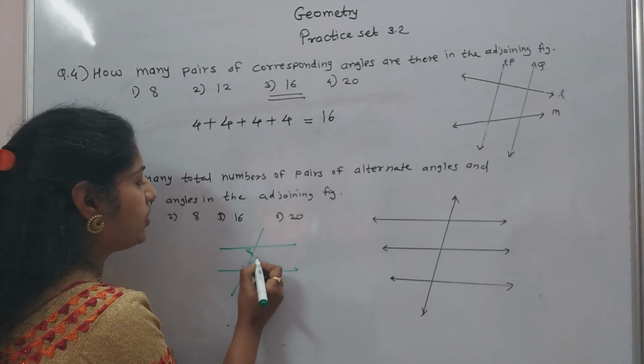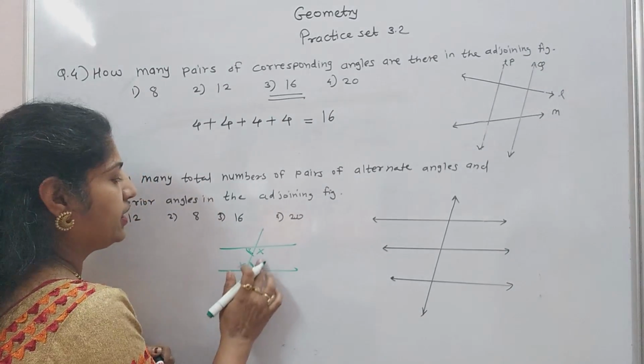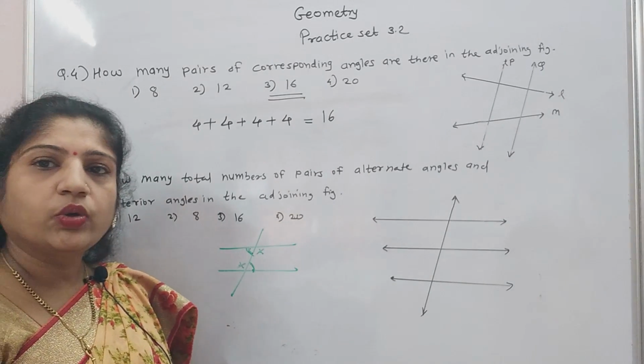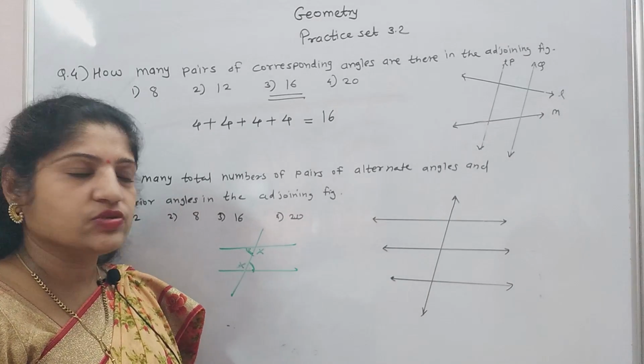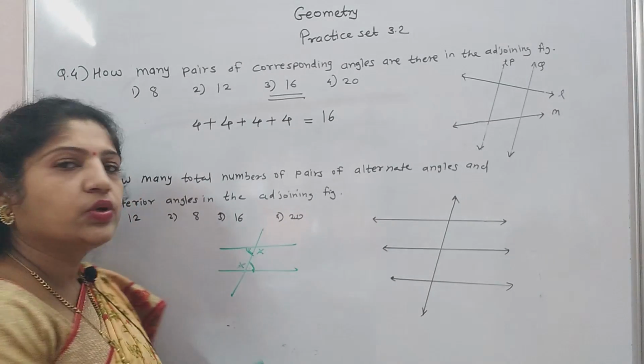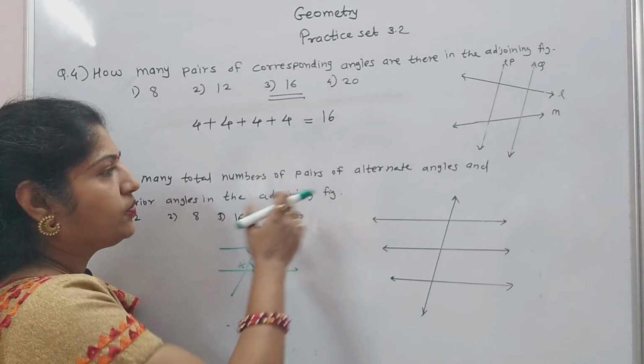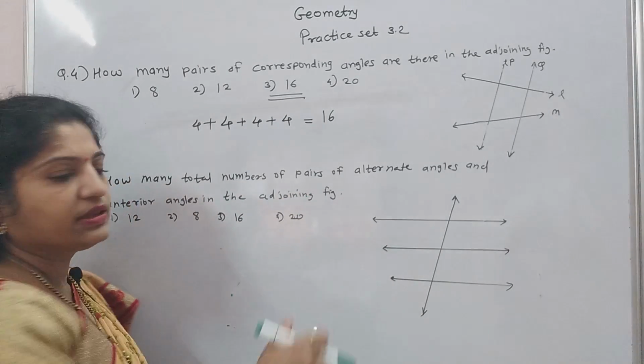This is the pair of the alternate angle and this is the pair of interior angle. So when two lines and one transversal, there is the two pair of the interior angle and two pair of the alternate angle. Now here is the three lines.